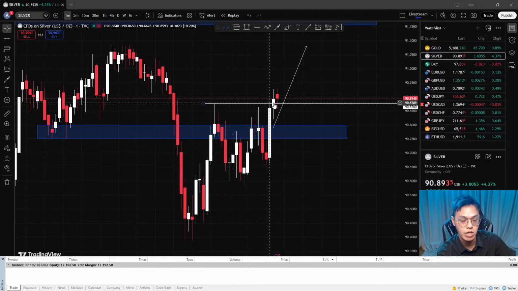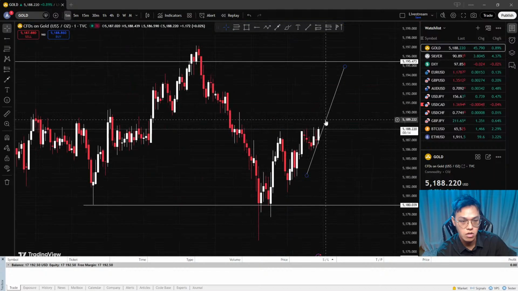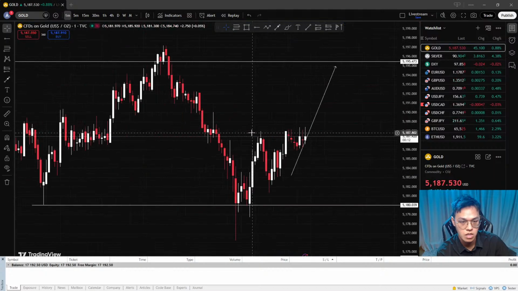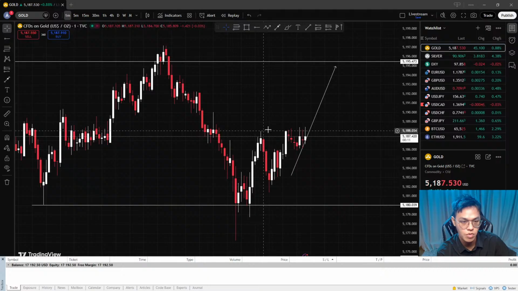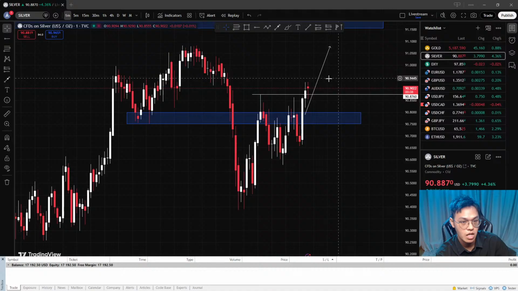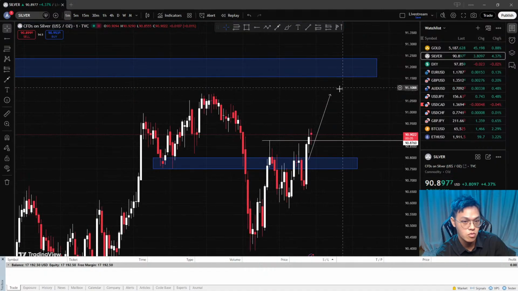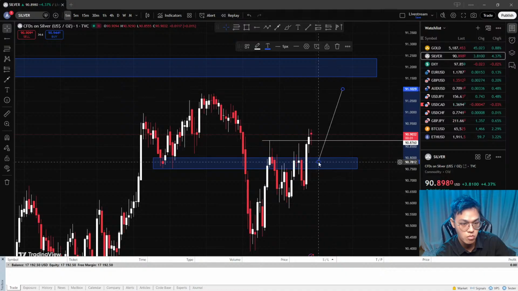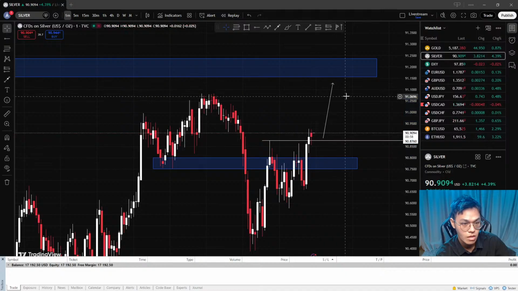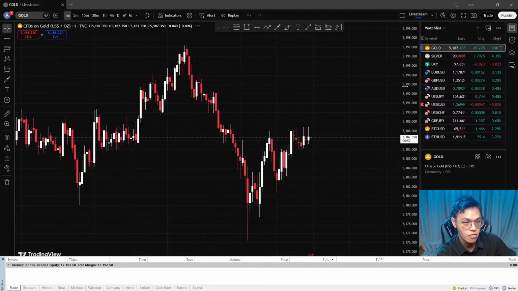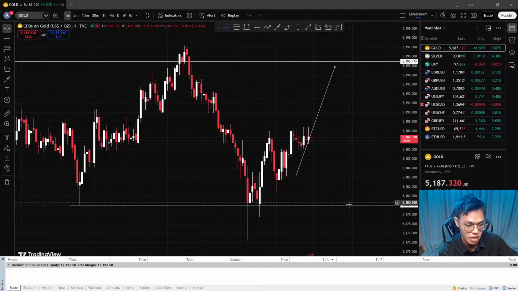If you look at gold, it seems like gold wants to break out this resistance level. I think the price will go up at the moment, so for now I'm trying to buy gold.